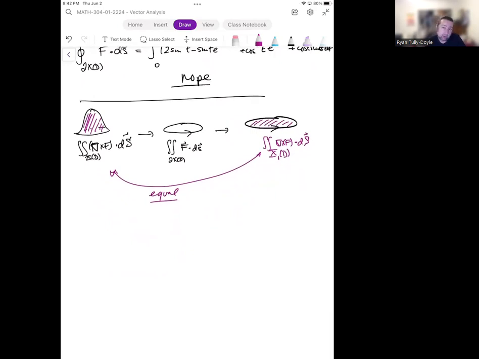So why would I do that? Well, the normal vector to this disk is always just pointing straight up. So I'm going to use a slight reformulation of Stokes theorem to finish this computation. And the slight reformulation looks like this.